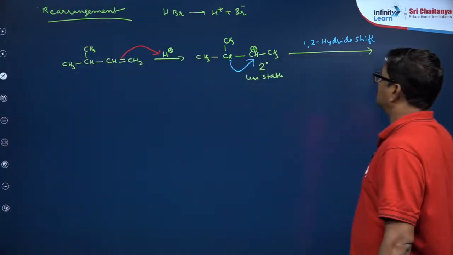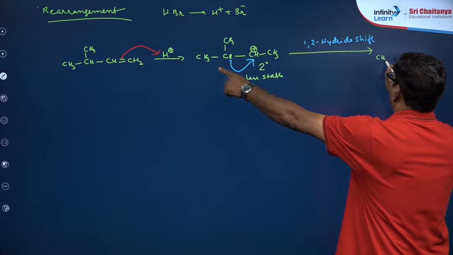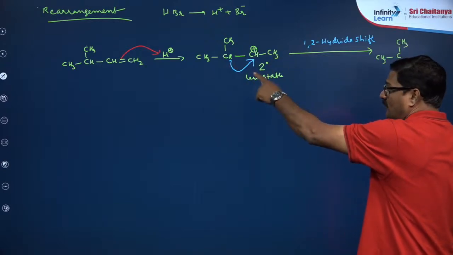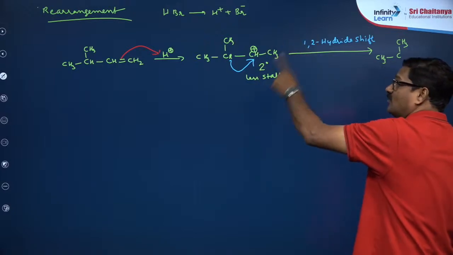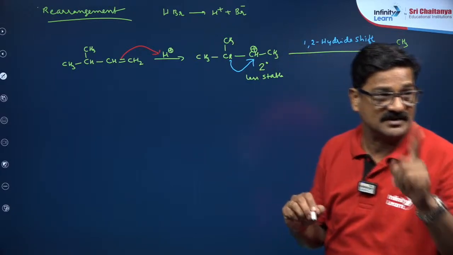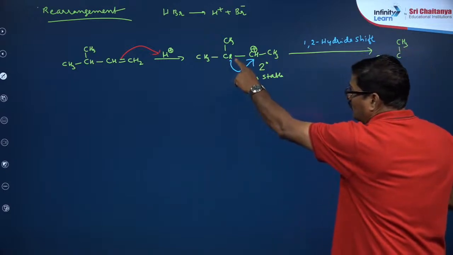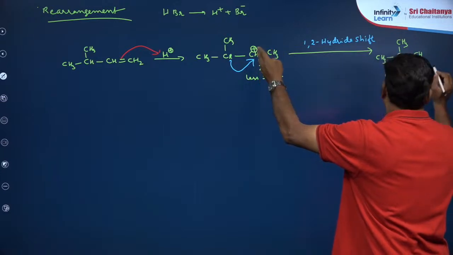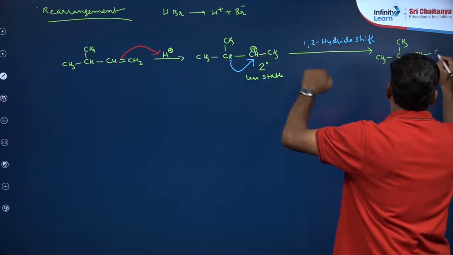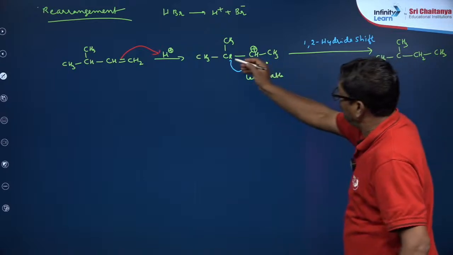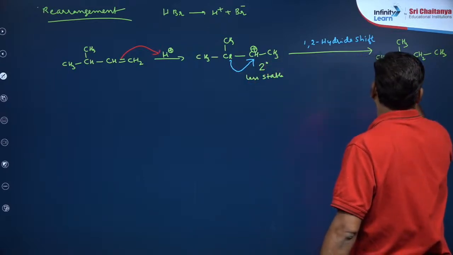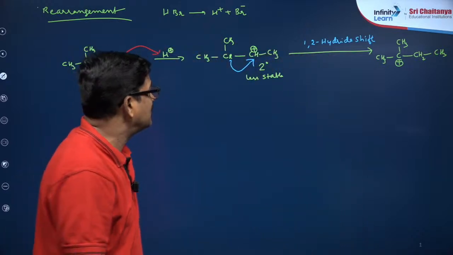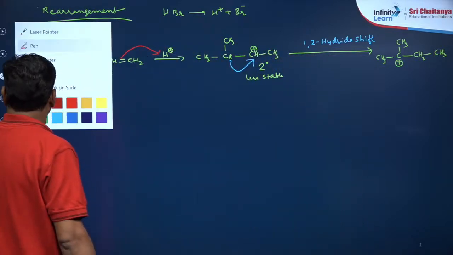Children, carefully see, most students have the same problem in understanding these carbocation rearrangement reactions, mind it. As the hydrogen is moved from here to here, this was CH, now it became CH2, and now CH3. Because H minus moved from here to here, a C plus formed here. So this is a tertiary carbocation.